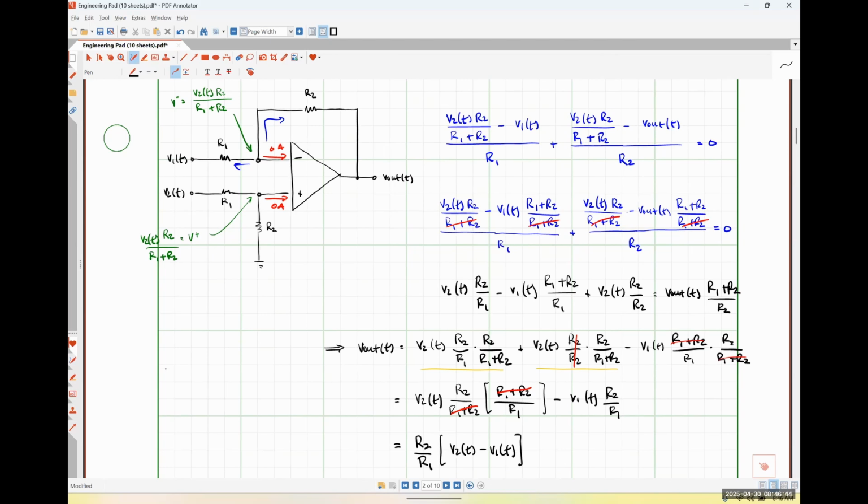With these two pairs of matched resistors, we can scale this difference by some value. So we could either make that difference larger or smaller if we were so inclined, okay? So this is how we perform the mathematical operation of subtraction using op amps. And we can also scale that difference signal as well.